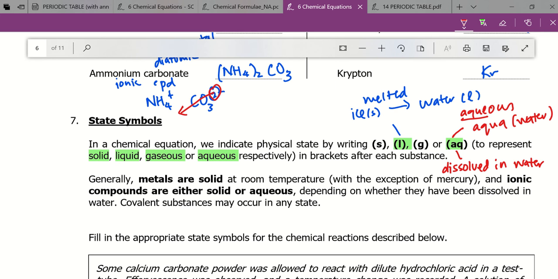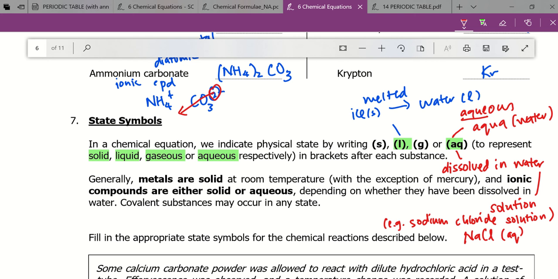Another word that is commonly used to represent aqueous is actually the word solution. We have heard of the phrase, for example, sodium chloride solution. If I were to write down the chemical formula and the state symbol for this, it will be NaCl(aq).